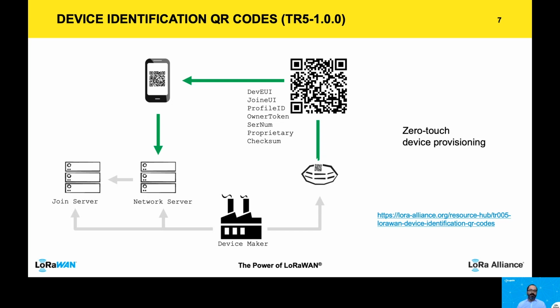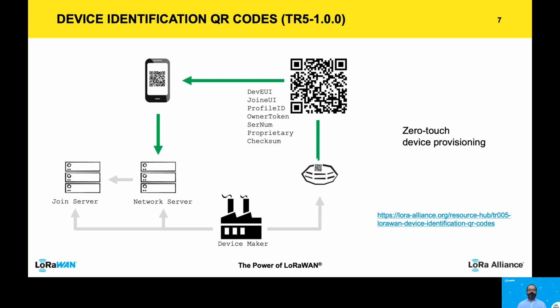So we stepped in as TC and generated a technical recommendation that describes the standard format of QR code that can be produced by anyone and go onto any device, and that can be consumed by any network management application, QR code application to inject such identifiers into the networks. So that we believe the zero-touch device provisioning would be a very key element in accelerating the massive IoT deployments.